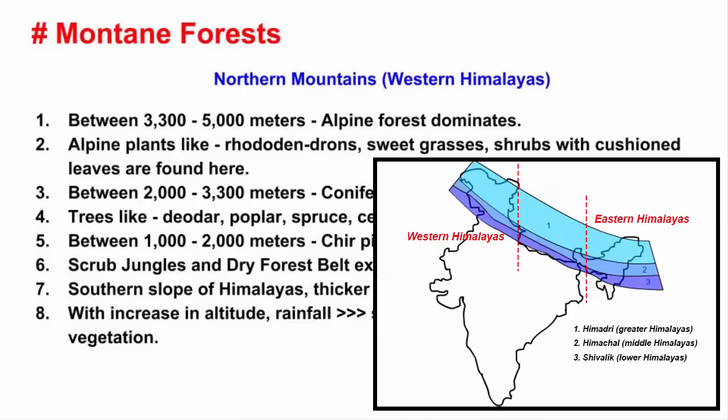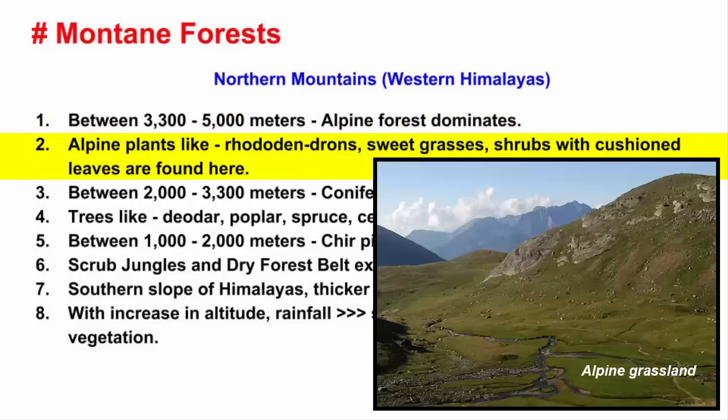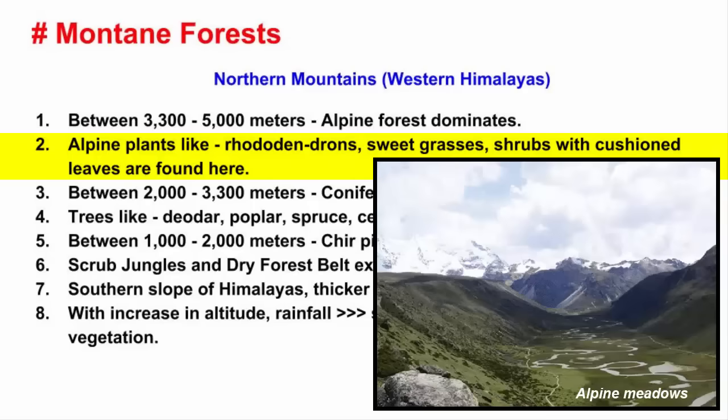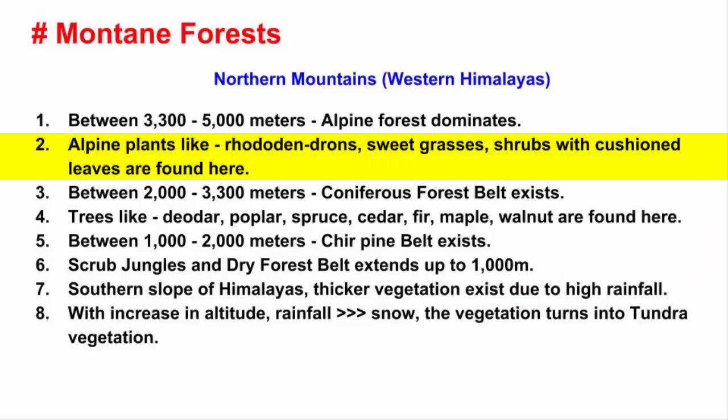Now we will look at the vegetation in the western Himalayas. Again, we'll start from a higher altitude to lower altitude. Alpine forest dominates the region between 3,300 and 5,000 meters. You will also find alpine grassland or meadows that grow beautiful flowering plants like rhododendrons, sweet grasses, shrubs with cushioned leaves.